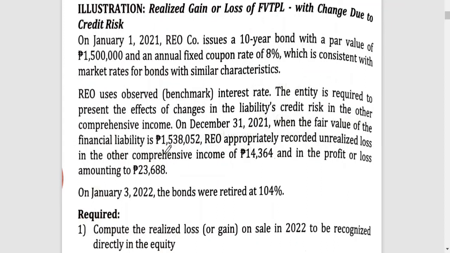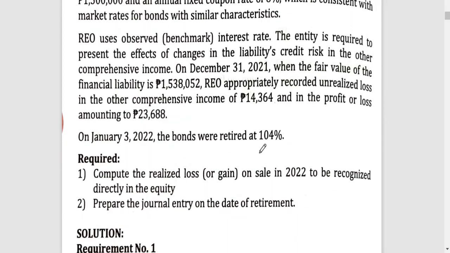The fair value of the financial liability is 1,538,52 on December 31, 2021. REO appropriately recorded unrealized loss in other comprehensive income of 14,364 and in the profit or loss amounting to 23,688. The bonds were retired at 104%.